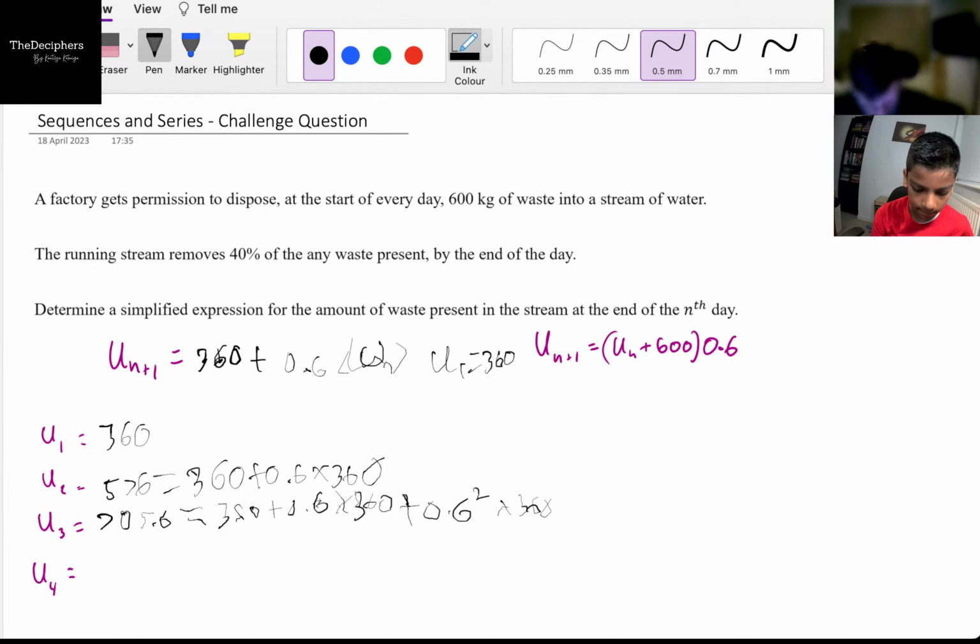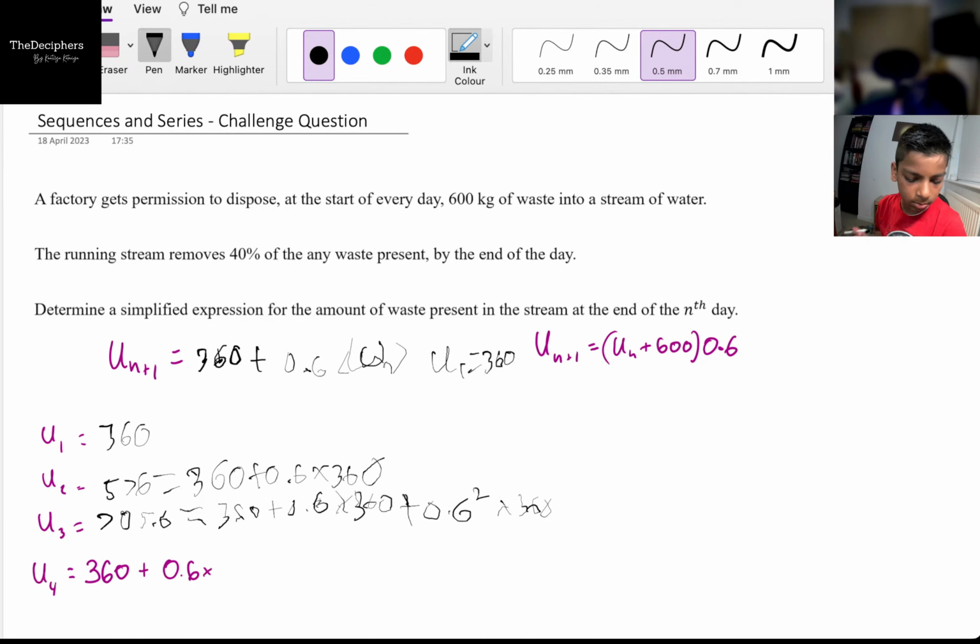So what do you think u4 is going to be? Just 360 plus 0.6 times 360 plus 0.6 squared times 360 plus 0.6 cubed times 360. Brilliant. Let me write that down, and while I write that down, you can think about how you generalise that for u n then.